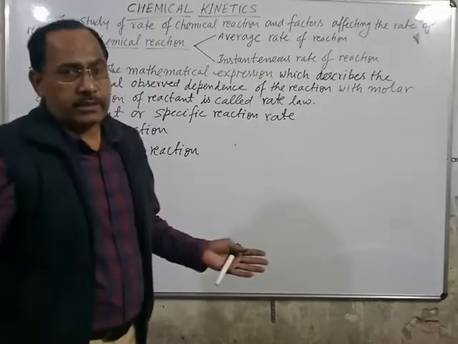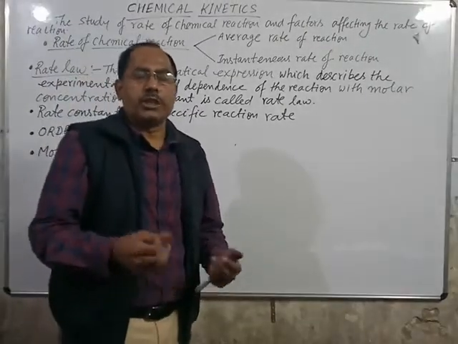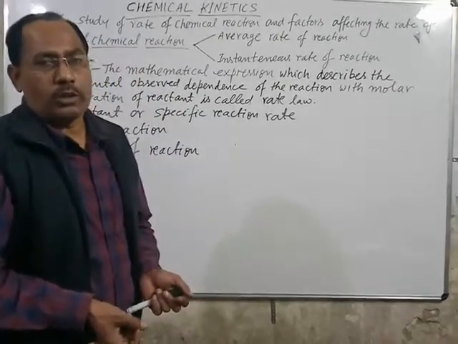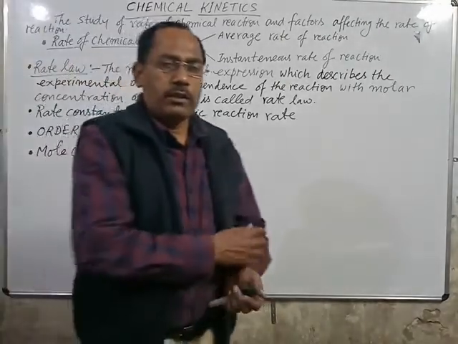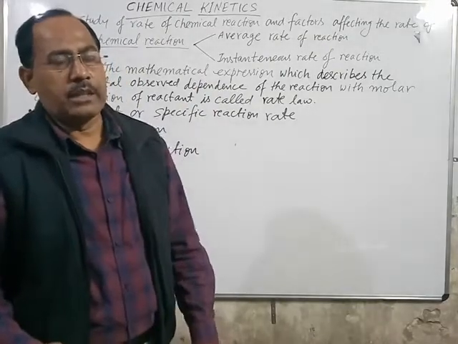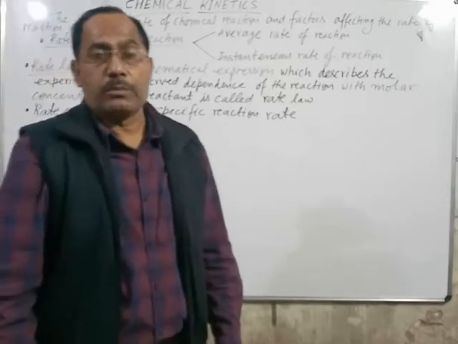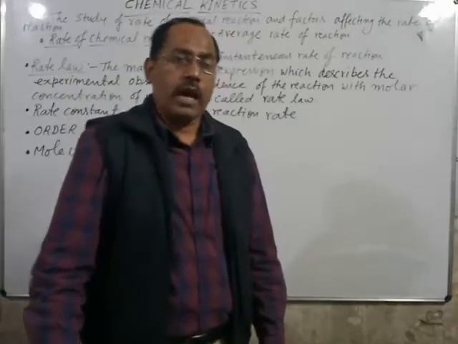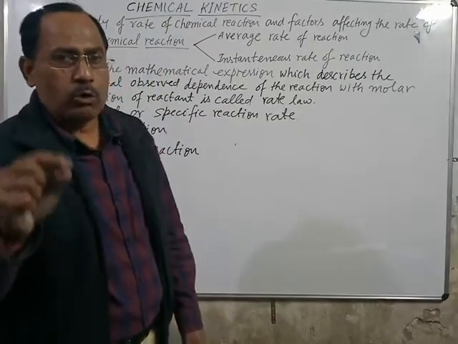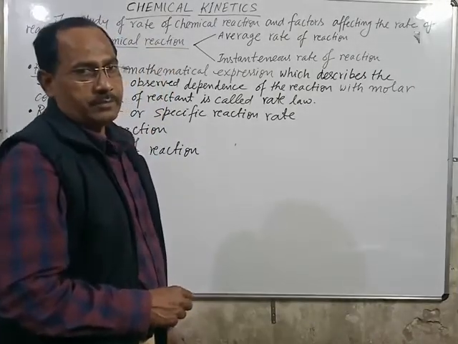And average rate means change in concentration of the reactant or product in a certain range of time, while the change at a particular moment of time is called instantaneous rate.